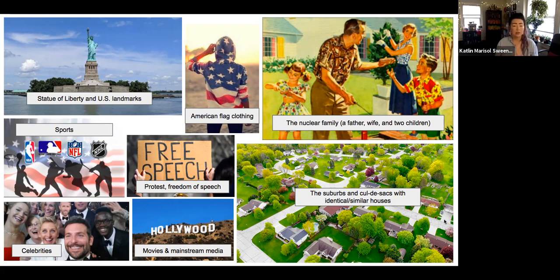We have celebrities and movies and mainstream media, which we will talk quite a bit about this semester in terms of how celebrities and mainstream media participate in facilitating conversations about Americanness, protest and freedom of speech, which, as we saw last summer with the uprisings, and as we've really seen across the 2010s with the rise of Black Lives Matter and other political movements, we recognize and associate with Americanness a permission to protest.